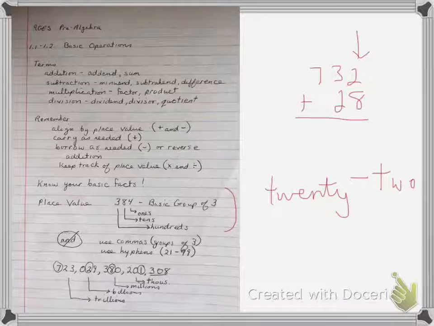And finally, let's look at larger groups. Notice that our first group to the right, it's either going to be called the thousands place, the hundreds place or the ones place, depending on your textbook. I'm speaking of that entire grouping, 308 over here.